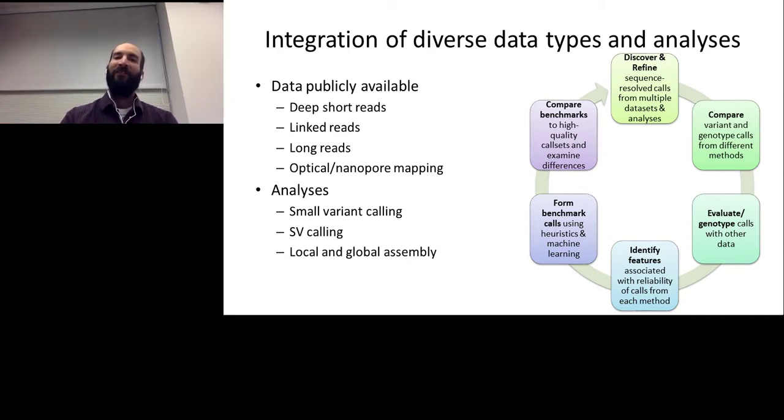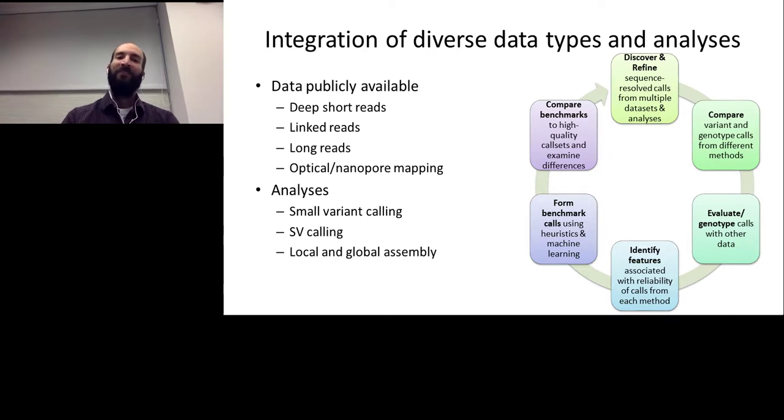We compare the different methods' variant calls to each other and their genotype calls to each other. We evaluate those calls using all of the different data sets that we have. We try to identify features associated with the reliability of the calls from each of the methods. And these might be things like mapping quality for that particular data set at that location, or strand bias, or base quality scores, or clipping of the reads, or a number of these different features that are often output by variant callers.